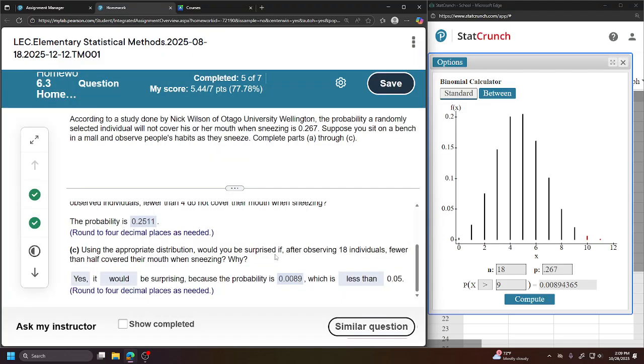All right, now that's upsetting. I shrugged, by the way. You didn't see that on the video. So maybe I'm misunderstanding how they're trying to say this, because it says that they do not cover their sneezes, but half covered their sneezes.